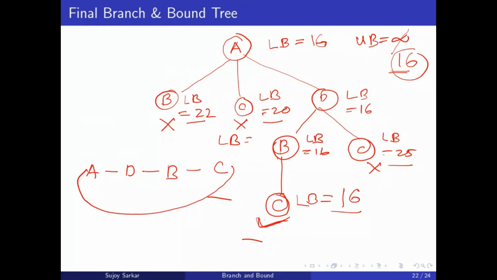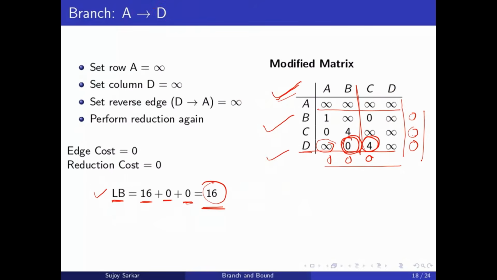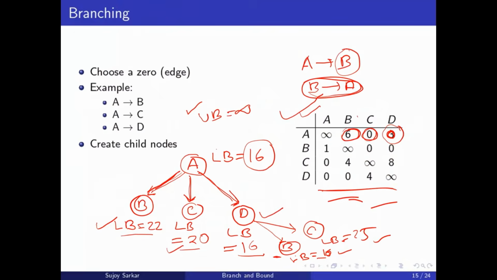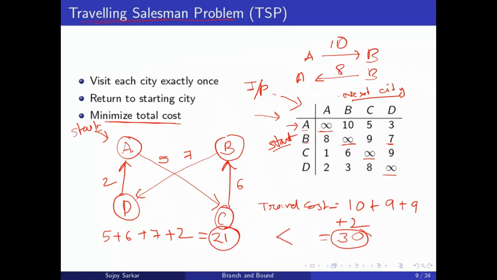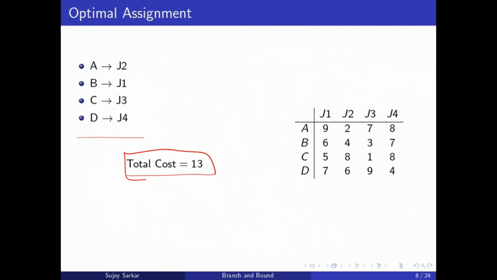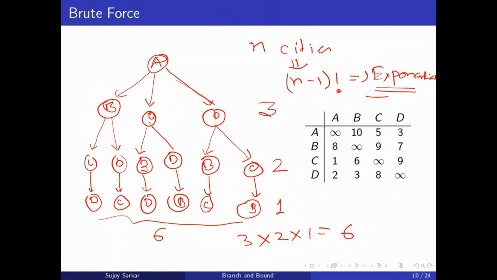And what is the tour cost? If we go back to the original matrix, yeah, let us draw here. The tour we got: A to D, D to B, B to C, C to A. A to D, what is the cost? 3.